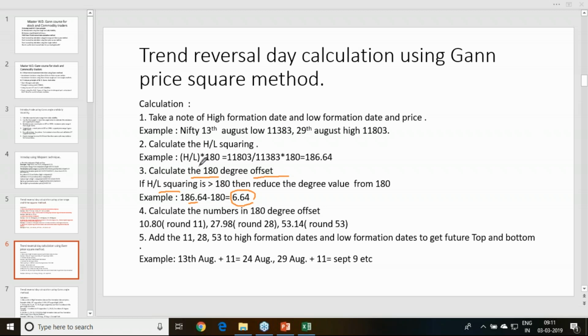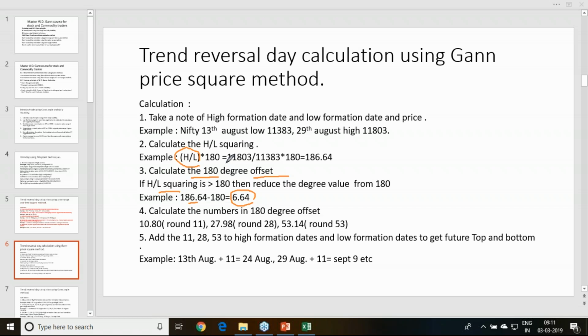So high and low we have divided. We want to see how many rotations the price has gone with respect to the high. Then we have multiplied with 180 to get that squaring factor into degree form, and that particular degree form we are again comparing.